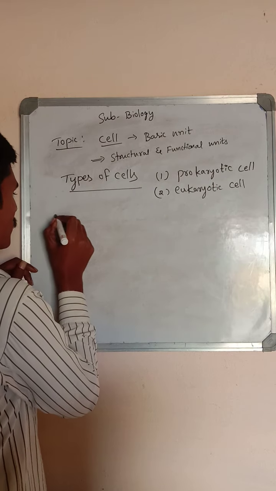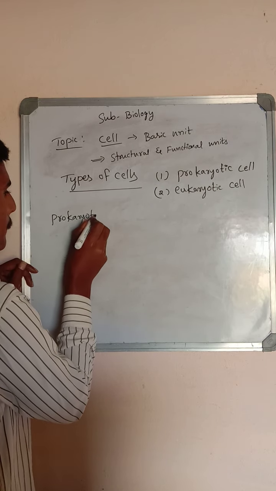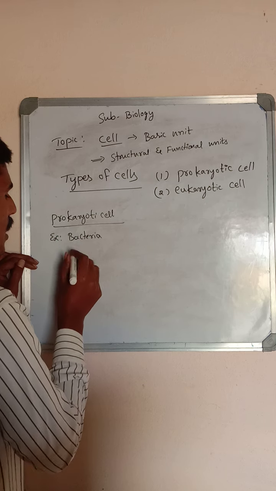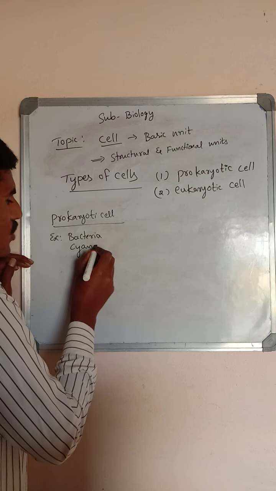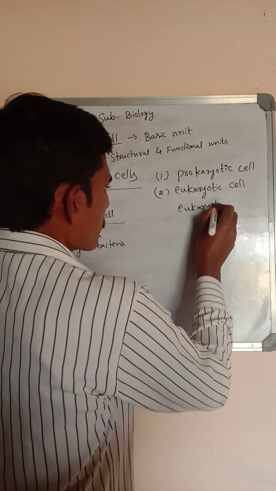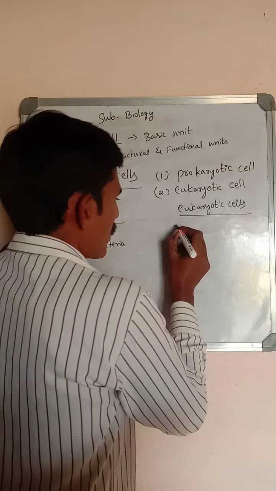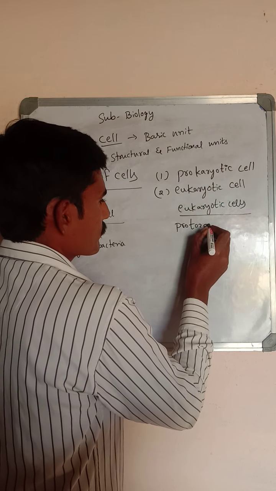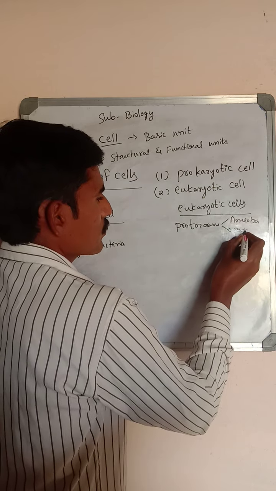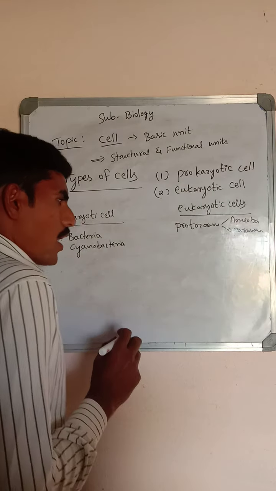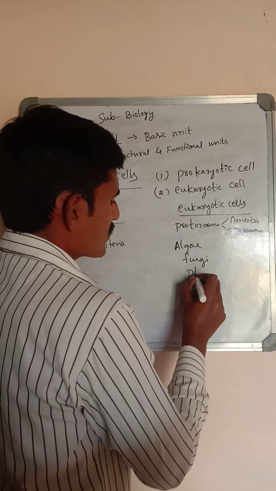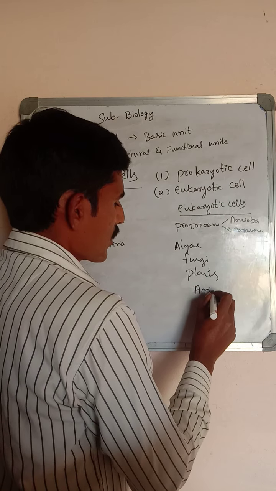So for prokaryotics, examples are bacteria and cyanobacteria, and for eukaryotic cells, examples are protozoans like amoeba, paramecium, and algae, fungi, plants, and animals.